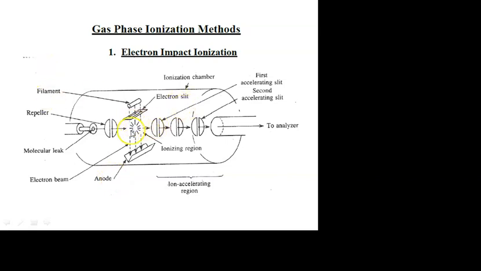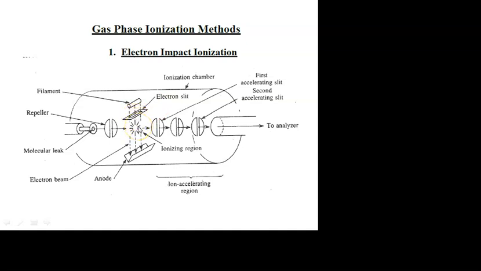After bombardment with 70 electron volts of energy, ionization takes place and positive and negative ions are formed. In mass spectroscopy, we only want to count the positive ions, so we have to remove the negative ions. The electron slit works for removing the negative ions; it attracts them towards itself.